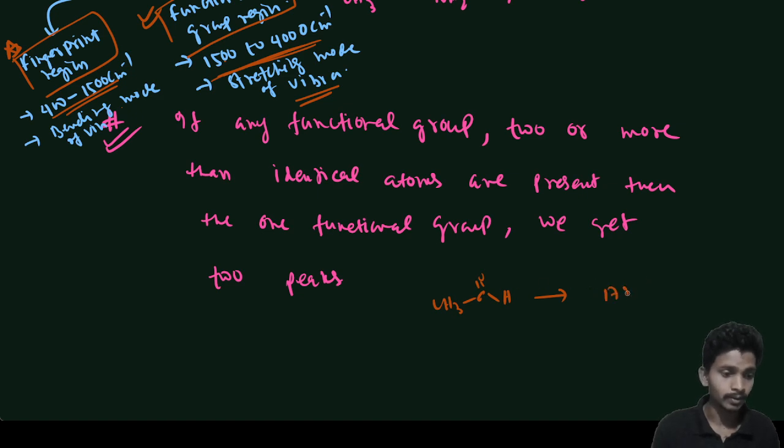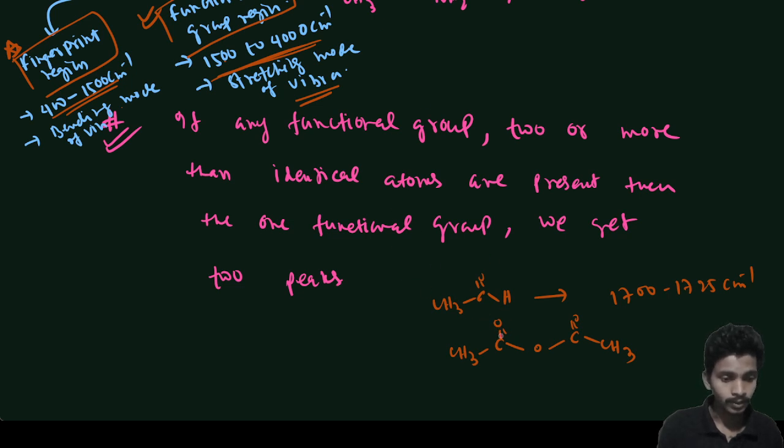Let's say 725, its range is 700 to 725 centimeter inverse. We will discuss it. But if the case is, let's say, CH3 CO O COCH3, like the anhydride case, here we see that in the same functional group, two identical atoms are there, CO and CO.